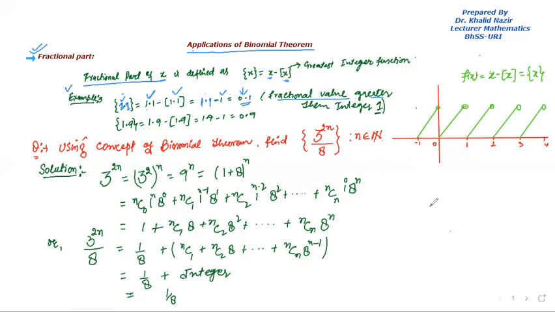See here, if I locate on the number line, say this is 0, this is 1, and this is 2. Suppose here it was 1.1. The integer values on both sides of 1.1 were 1 and 2, right?